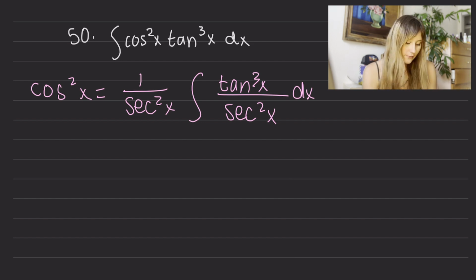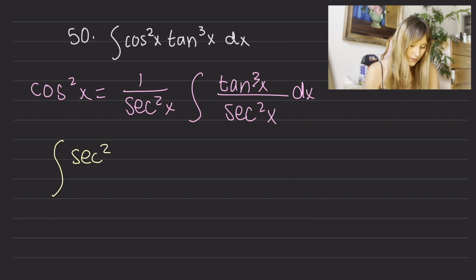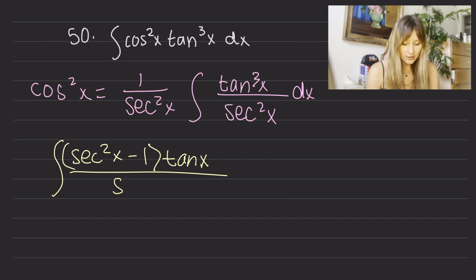I think that I took out that tangent because the tangent's odd. So I turned the tangent squared into a secant squared minus 1. So we are going to rewrite this here. We got secant squared x minus 1, tangent x all over secant squared x.